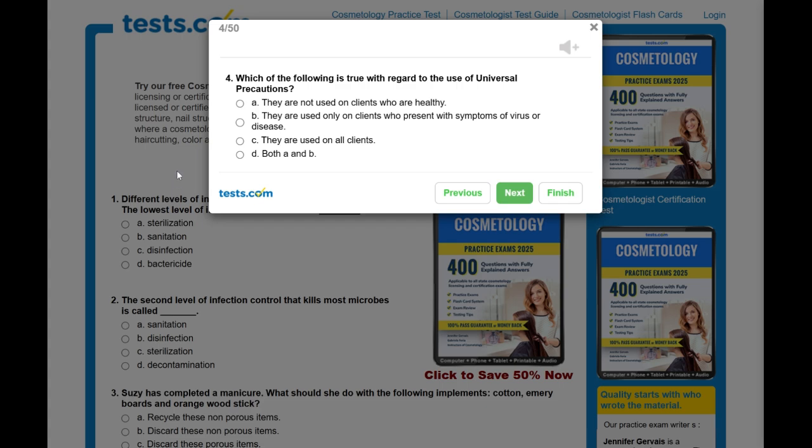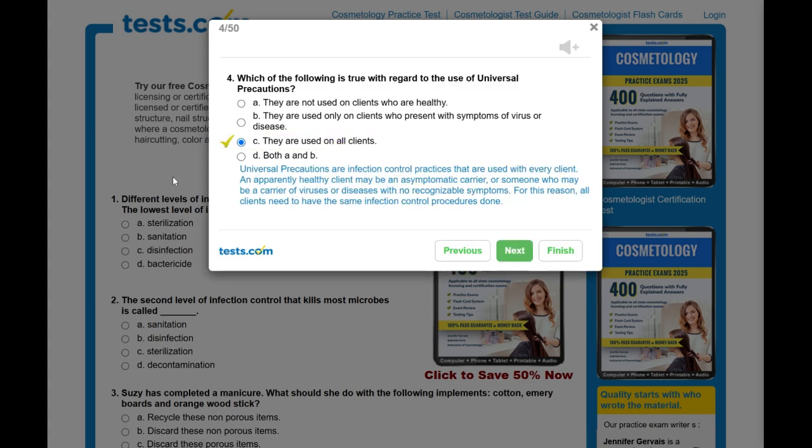D. Both A and B. C. They are used on all clients. Universal precautions are infection control practices that are used with every client. An apparently healthy client may be an asymptomatic carrier, or someone who may be a carrier of viruses or diseases with no recognizable symptoms. For this reason, all clients need to have the same infection control procedures done.